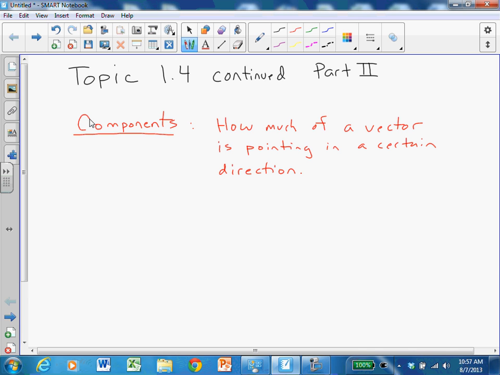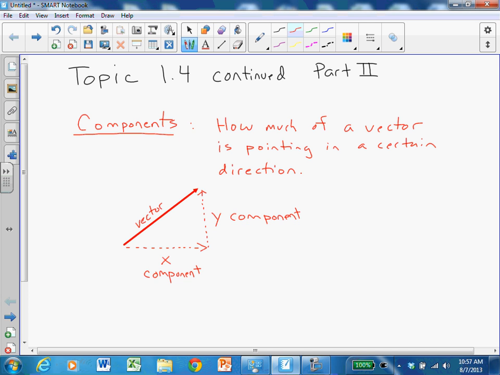So you could take a vector, say like this, and it could have components in the x direction and in the y direction. Okay? This would be the x component, and this would be the y component, and this would be our vector.